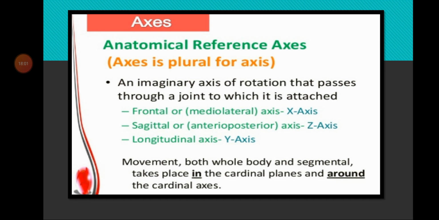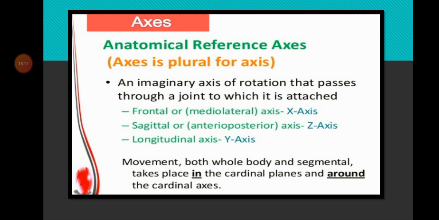We can see the anatomical reference to axes. Axes is the plural of axis. An imaginary axis of rotation that passes through a joint to which it is attached is called an axis.